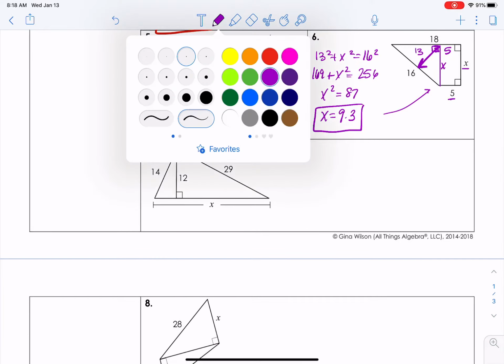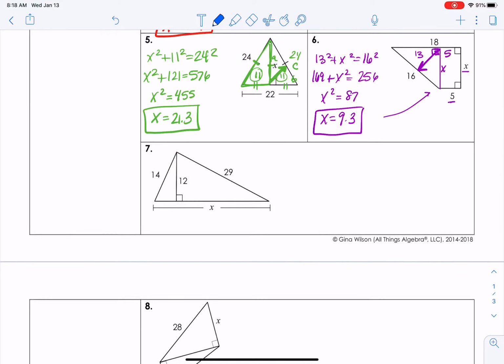For number 7, I'm looking for two extra lengths of the problem. So I need x equals y plus z.